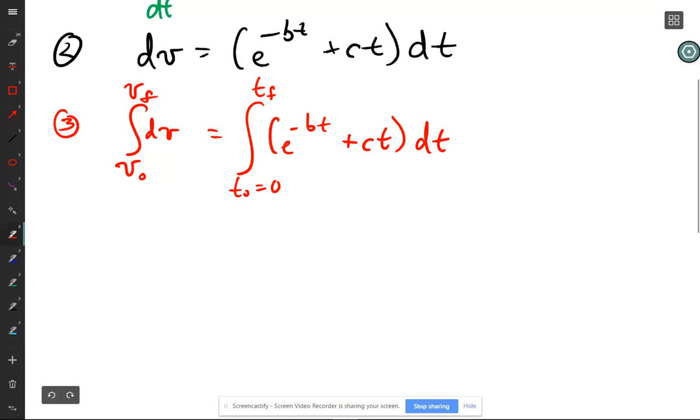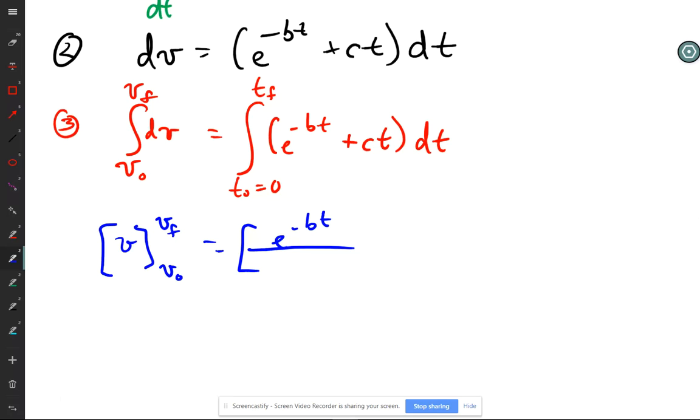Now, I do expect everyone in here can do these integrals. So integral of dv is just v. Have to remember that it has limits. Integral of e to the minus bt is going to be e to the minus bt divided by the derivative of the exponent.